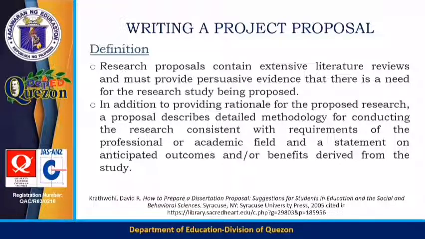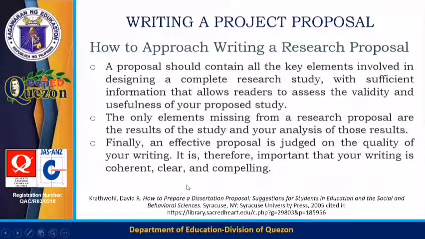The next, how to approach writing a research proposal. So this is our next concern. A proposal should contain all the elements involved in designing a complete research study with sufficient information that allows readers, including the panelists or our critics, to assess the validity and usefulness of the proposed study or scientific investigation.